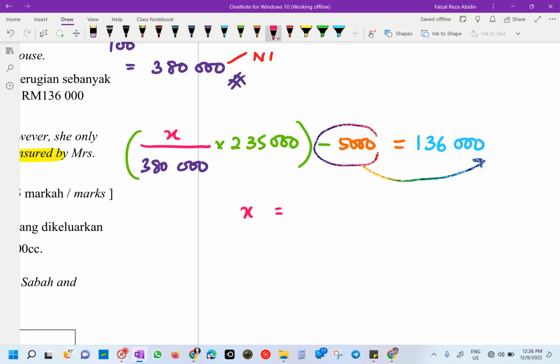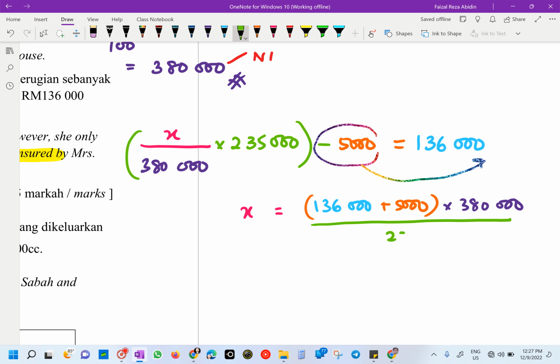You are going to get 136,000 plus 5,000. And after that, times 380,000, and after that, we are going to divide by 235,000. What do you get for your X, class?